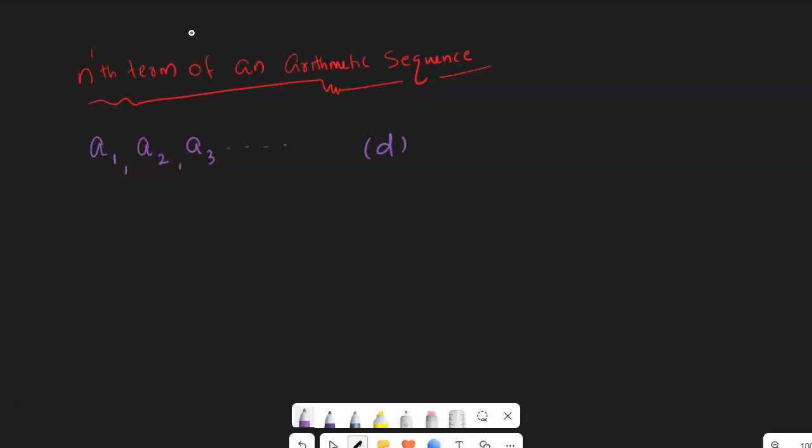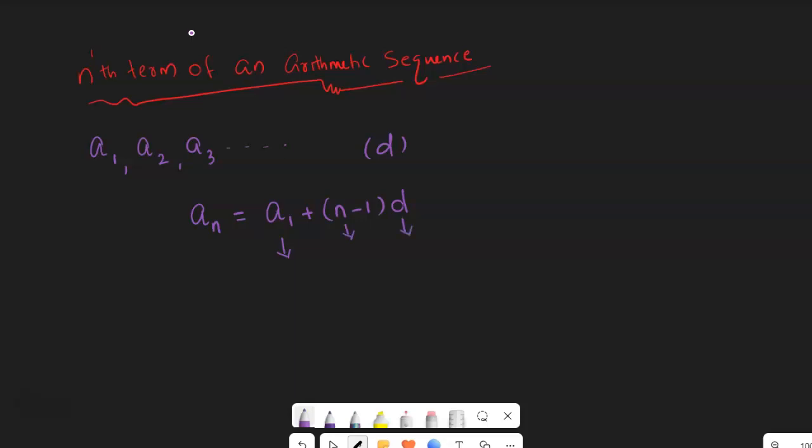So the explicit formula to find the explicit term of this sequence is an, the nth term, is equal to a1 plus n minus 1 times d. Here a1 represents the first term, n represents the position, and d represents the common difference.